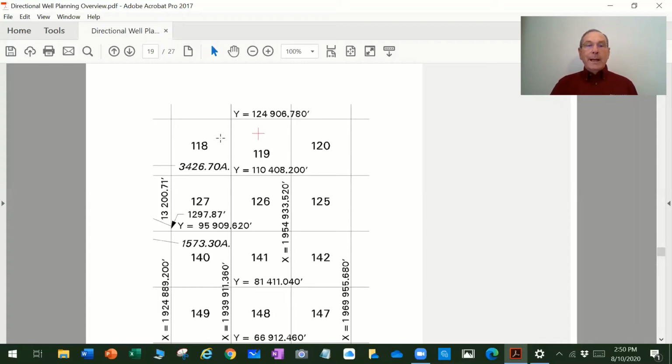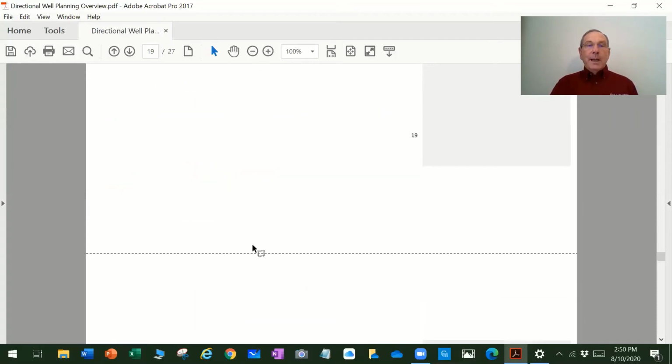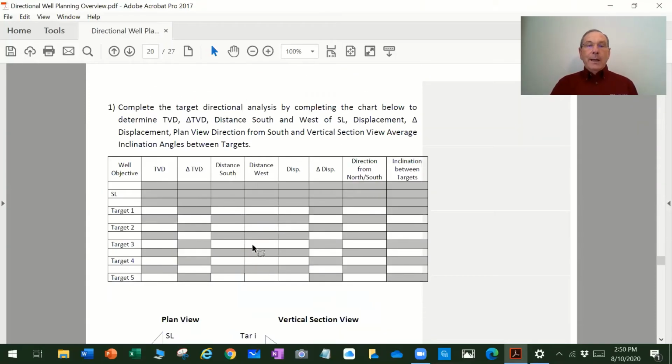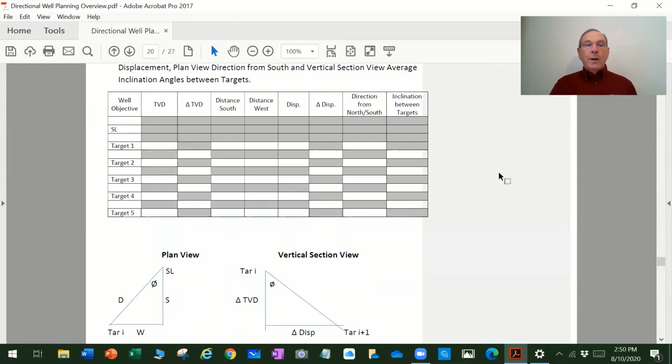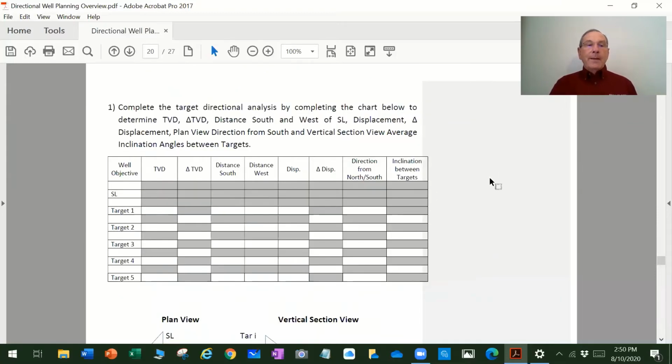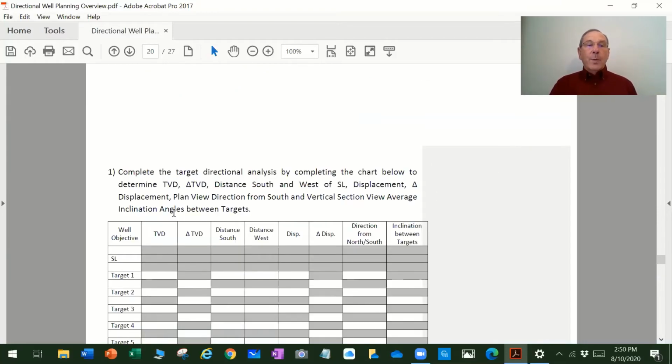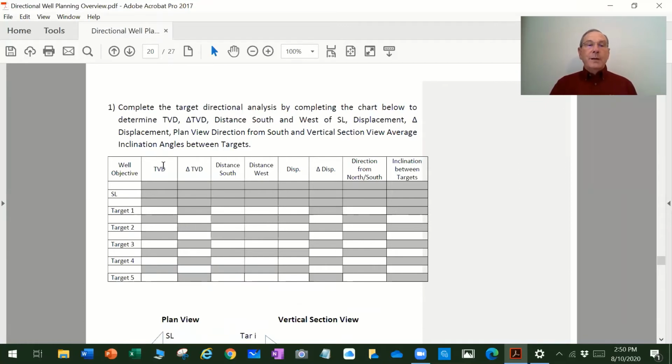So I can take this information and construct a table in which we're going to chart and calculate the TVD from a project perspective. What is the TVD from a project perspective? We're going to calculate the distances south of each target.